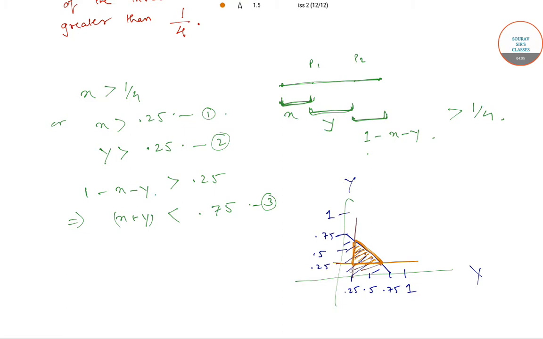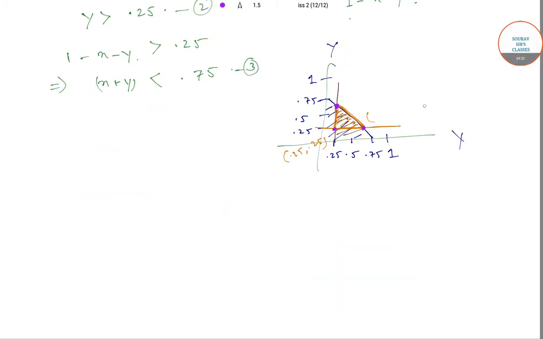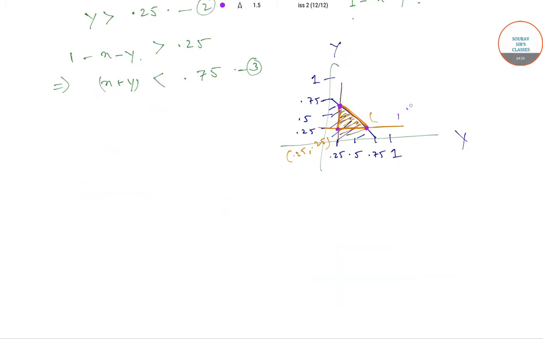Now the coordinates of this point are 0.25, 0.25. Now in this point here, our y is equal to 0.25.